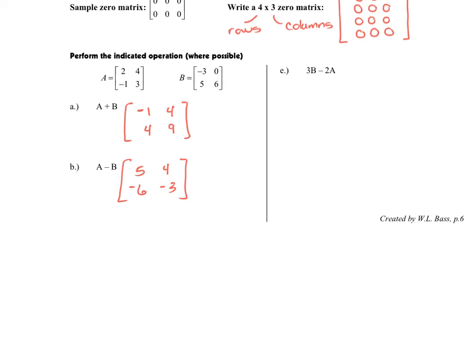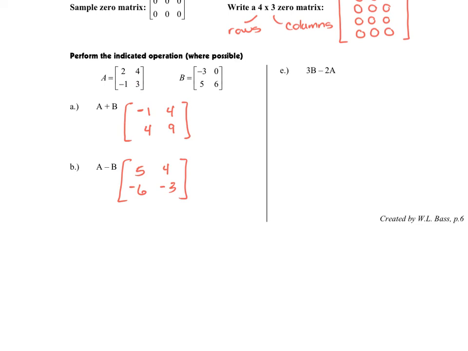So pretty simple there. The next thing that we're going to do is called scalar multiplication. So this 3 times B means that I need to take a 3 and multiply every element inside that matrix by a 3. And I'm going to eventually subtract the 2 times A. So I'm going to take a 2 and multiply each element in there times 2.